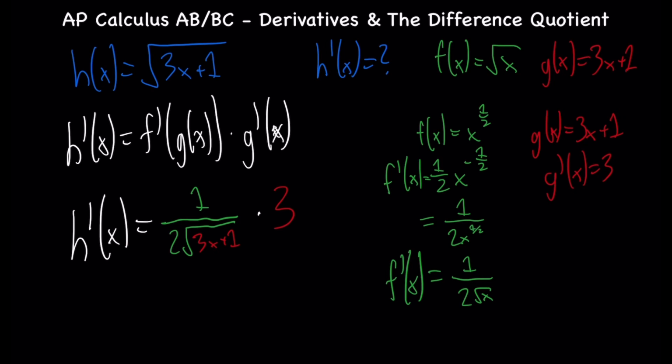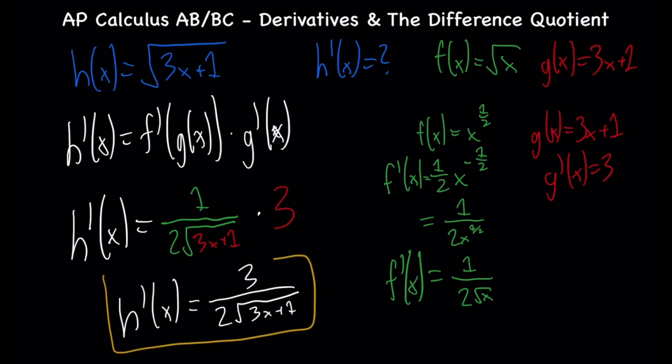But basically all you have to do here is multiply these two together. And that is your derivative using the chain rule.